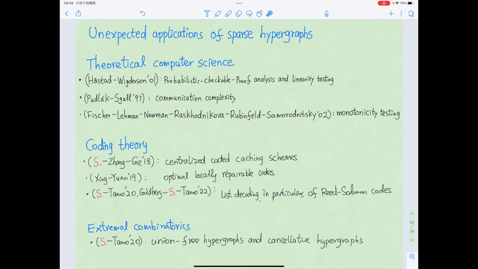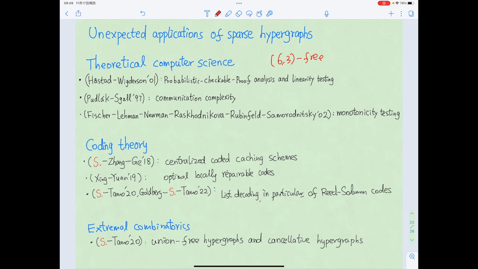As I mentioned in the beginning of the talk, sparse hypergraphs or high girth graphs have some unexpected applications in other areas of discrete mathematics, in particular theoretical computer science and coding theory. In theoretical computer science, there are some applications of (6,3)-free graphs in PCP analysis and linearity testing, and they can also be used to construct some communication schemes.